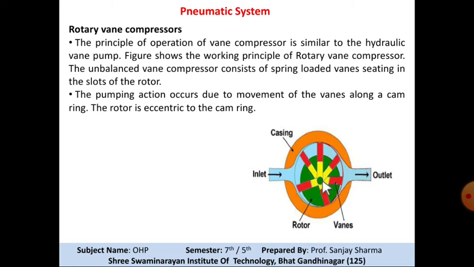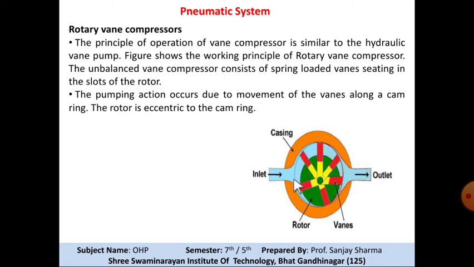Many times you have gone through this diagram. These red color devices which you see are the vanes. This is a vane holder, and here the yellow portion is a spring. Because of the centrifugal action and spring force, the vanes will move in the outward direction as they rotate.